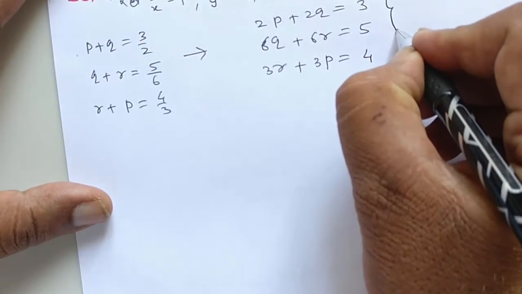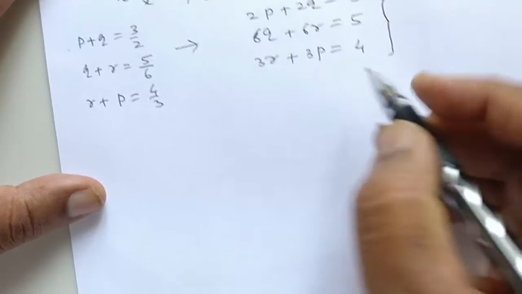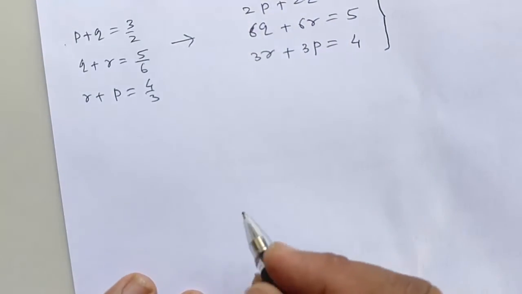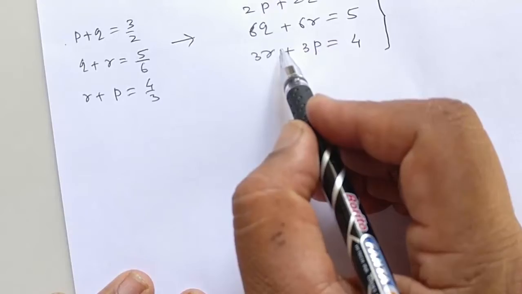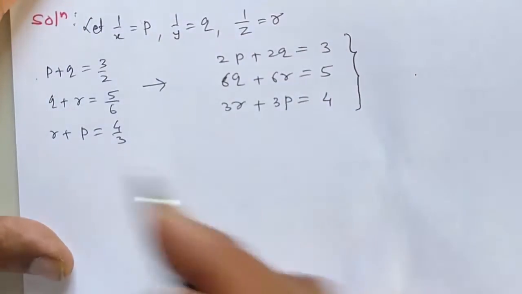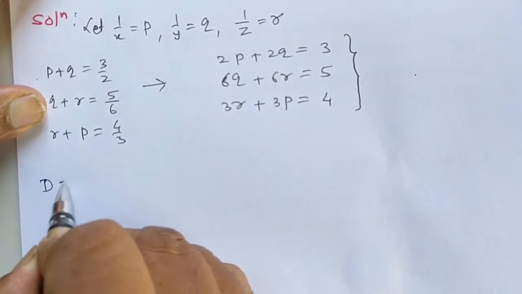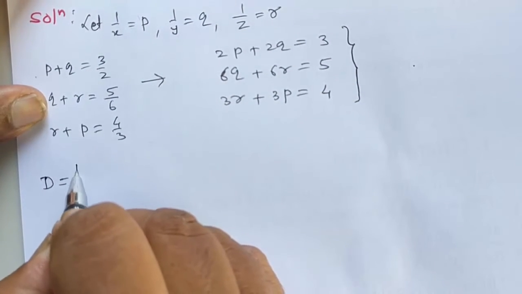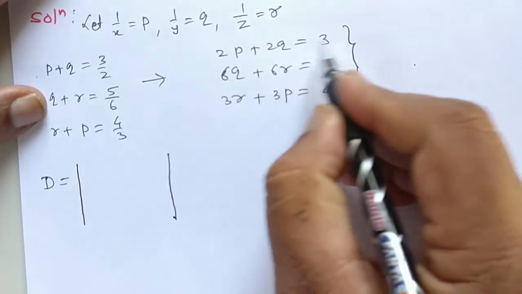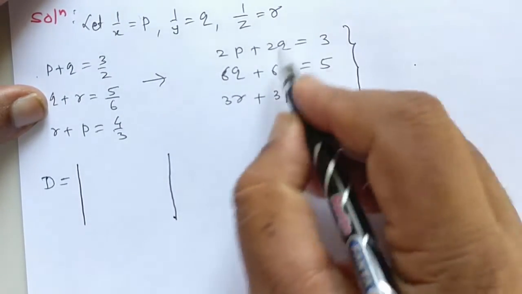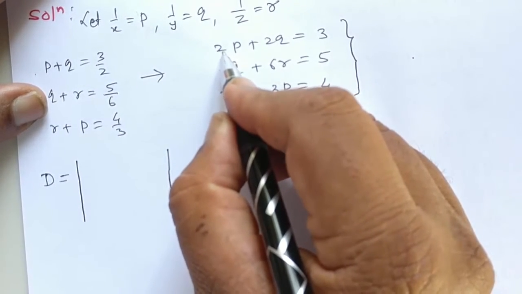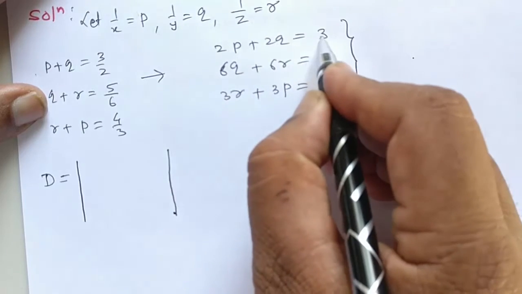Now these are the three linear system of equations. Now we apply Cramer's rule. For that we find the 3 determinants, 4 determinants. Determinant first, it is obtained by taking the coefficients of p, q, r in the equations. In first equation 2p plus 2q is equal to 3.